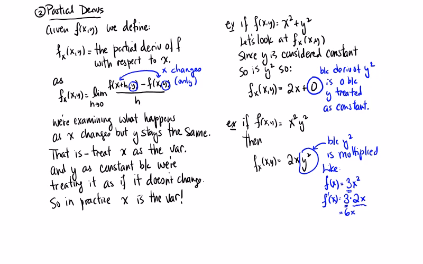So in general, we could take the derivative of a function with respect to any of the variables, and the idea is that we treat that variable as the variable. And we treat all of the other variables, maybe there's one other variable, maybe there are 2, maybe there are 10, doesn't matter, as constants.